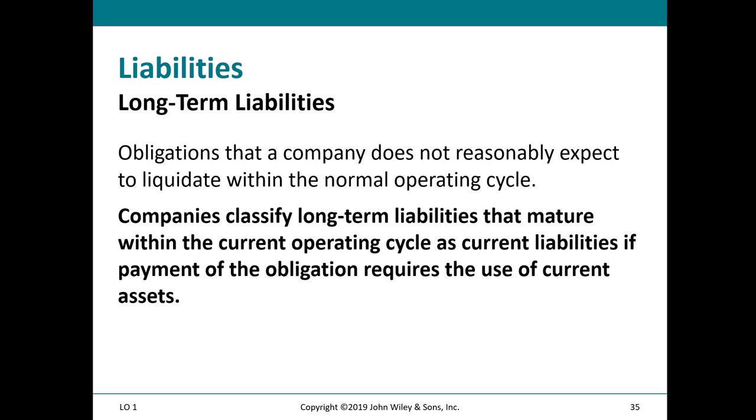So, for example, I have a 25-year mortgage, so that might seem like it's a long-term liability, but I have principal payments that I have to make within the next year. So the principal payments that I have to make within the next year are considered current liabilities, and those payments that I have to make years 2 through 25 are considered long-term liabilities.